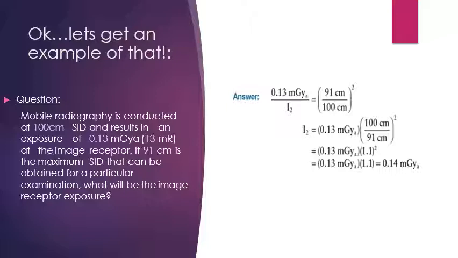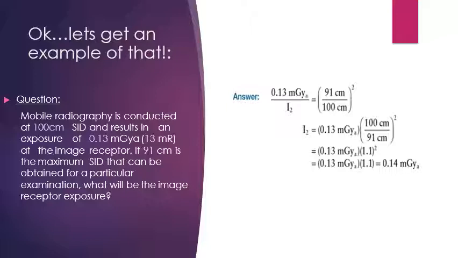So our equation will start out as 0.13 milligray divided by intensity 2 equals 91 centimeters squared divided by 100 centimeters squared. So intensity 2 equals 0.13 milligray times 100 centimeters squared divided by 91 centimeters squared.